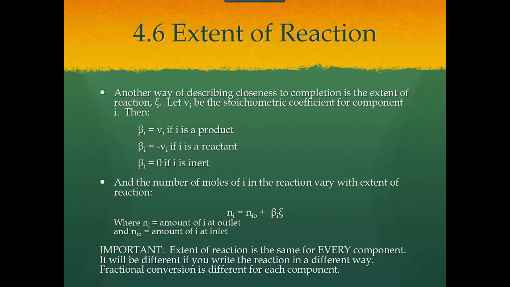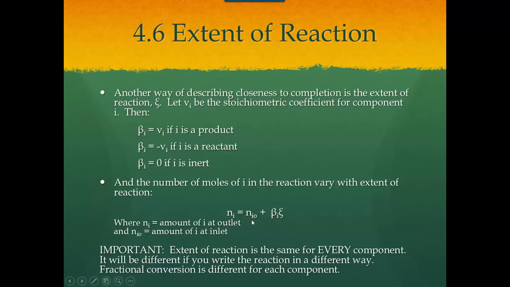For those, I'm going to call this nu value 0. So this nu, which is either the stoichiometric coefficient, positive or negative depending on whether it's product or reactant, or 0 if it's inert, I can use to do a mole balance on each species.